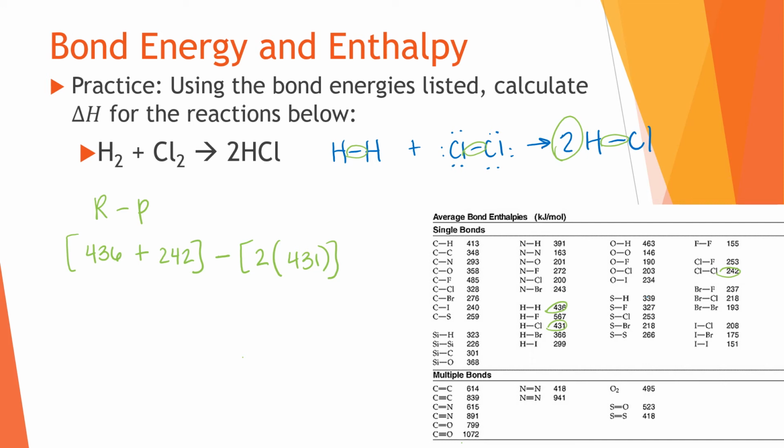So when I do that math, I have it written down here, you get negative 184 kilojoules per mole. So the delta H of this reaction is negative 184 kilojoules per mole.